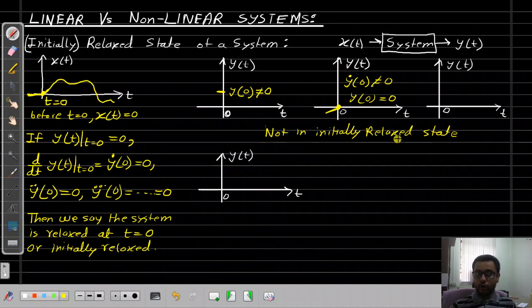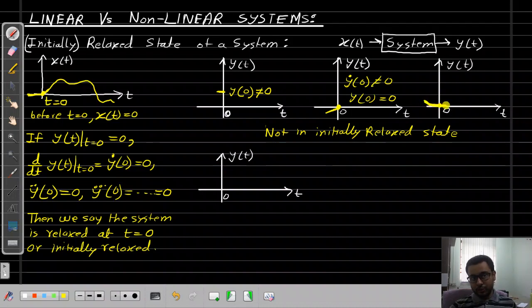Again, this is not an initially relaxed system. Similarly, say the output is 0 at this moment, the derivative is 0, so the slope is flat. However, say the second derivative is non-zero.